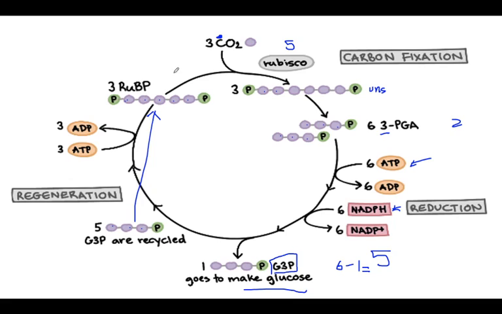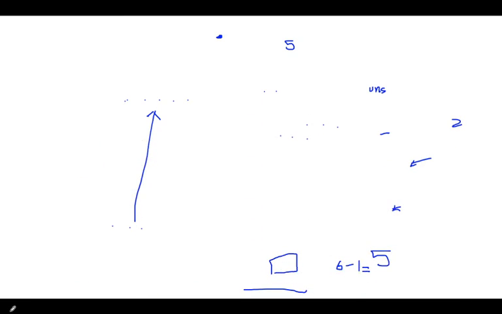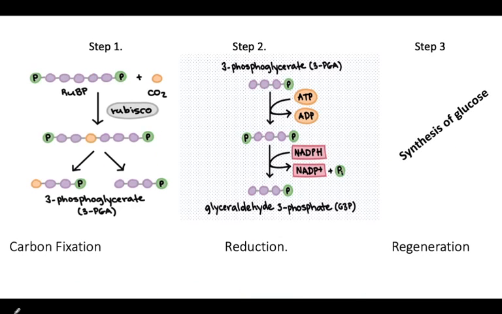Okay, and this is again going into the cycle for CO2 utilization, and this process has been differentiated into carbon fixation, reduction and regeneration. So let's draw it in a very simplistic way over here.